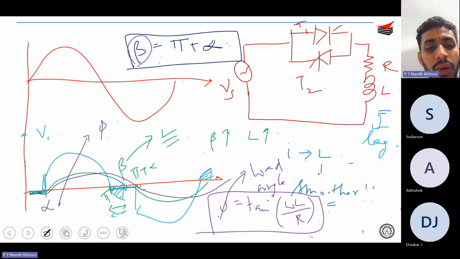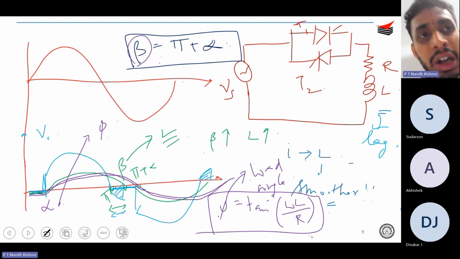If I can relate my load angle and firing angle, I can determine at what value of firing angle my converter is going to be continuous. If the converter is continuous, then you're no longer having control, right?